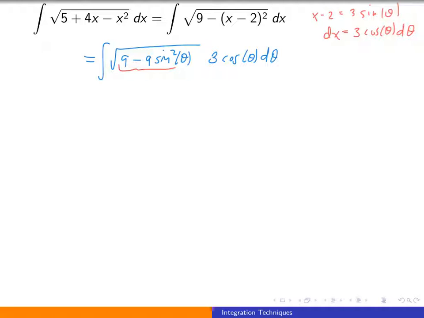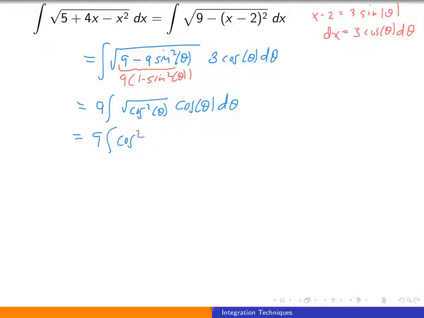What we have underneath the square root here is 9 times 1 minus sine squared theta. When we take the square root of that, a 3 pulls out and combines with the 3 that we already have, so a 9. And 1 minus sine squared is cosine squared, so the square root is cosine theta, giving 9 times the integral of cosine squared theta d theta.